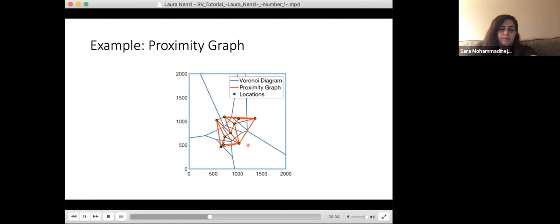So in the case of the proximity graph, if you have really few sensors and the space is still very large, you can have very few regions here, but you will always have some connection between the sensors, even if their communication ranges do not intersect each other.